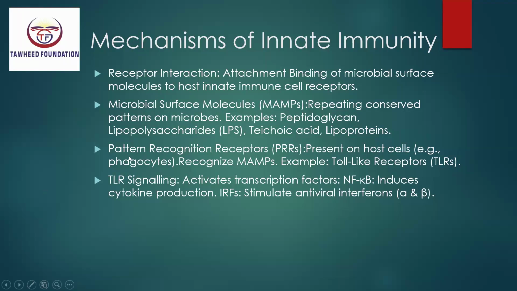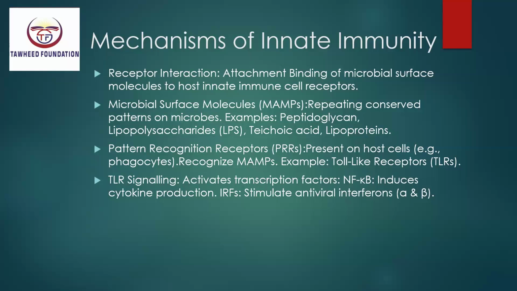Third is pattern recognition receptors, PRRs. So these are the molecules present on the surface of host cells, for example phagocytes, that recognize MAMPs. They are generally conserved regions encoded by germline genes.